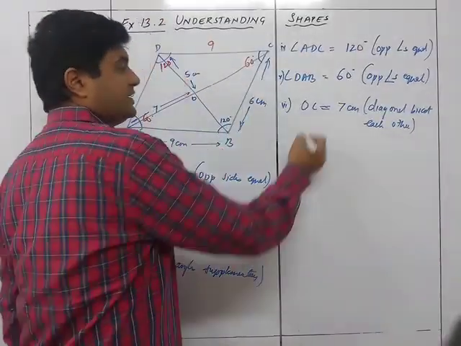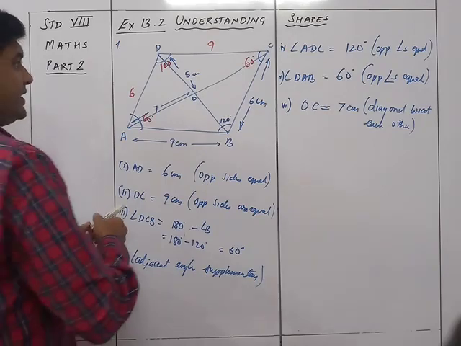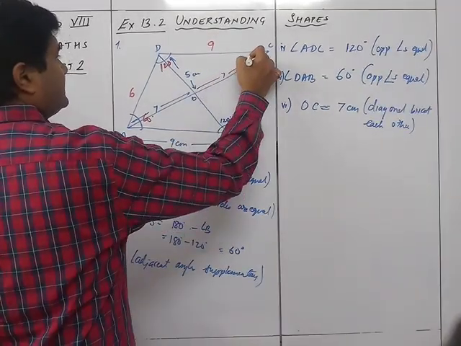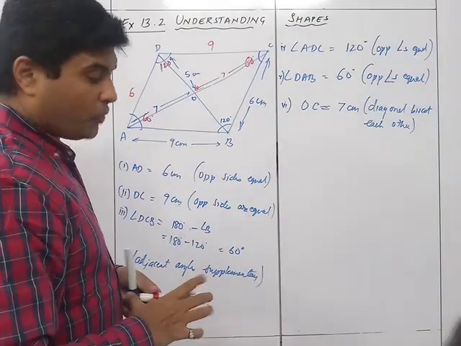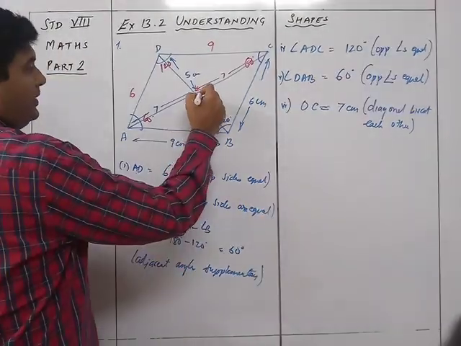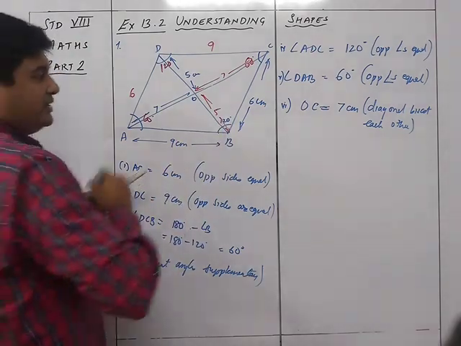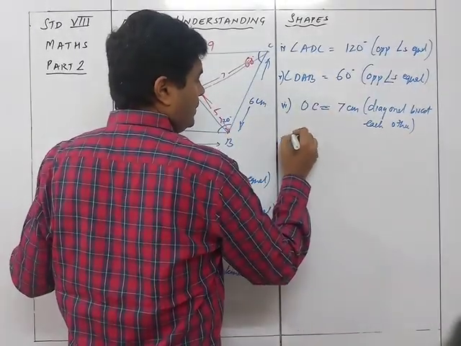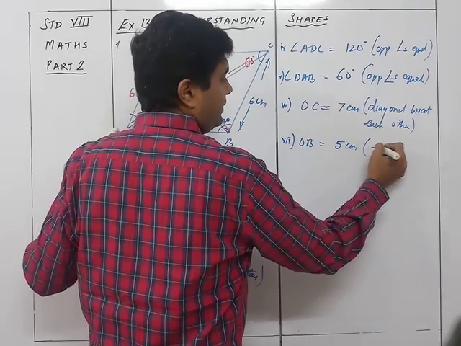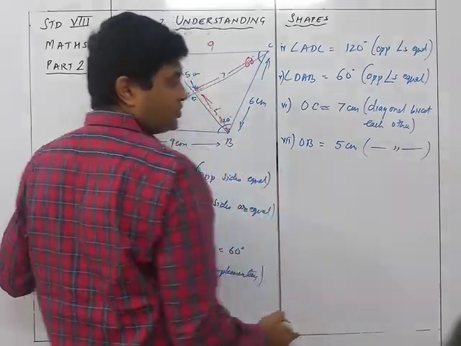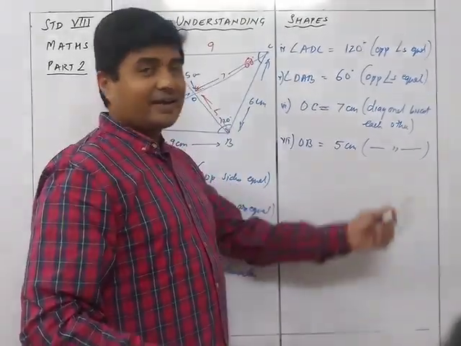Since the diagonals are bisecting each other, OC will also be equal to 7. Next is OB. Same way, OB will also be equal to 5 because of the same reason. So, seventh one, OB is equal to 5 centimeters. Reason the same: diagonals bisect each other. So it's a detour mark to complete. This is exactly equal to this one.